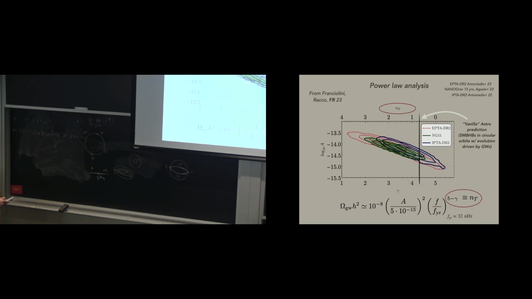So the current posteriors of the different experiments suggest a background at the level of 10 to the minus 8, also of similar magnitude to the bound from LIGO, if you want, but at a totally different frequency. And the spectral shape of the signal, if you look at this as a power law, is a rising power law, although even a flat shape is marginally allowed by some of the measurements.